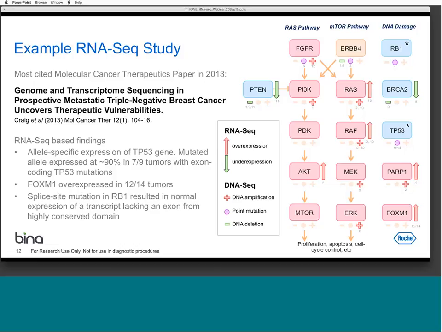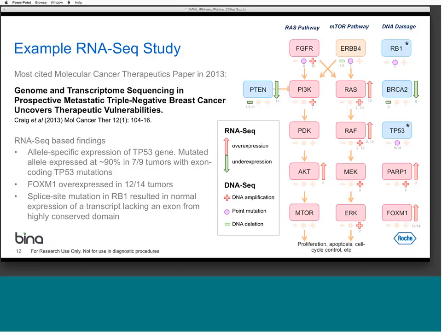BRCA2, similar results for a particular sample. In the case of a RAF gene in one sample and a RAF gene in 2 samples, DNA amplification was observed, and in concordance with that, RNA overexpression was observed.